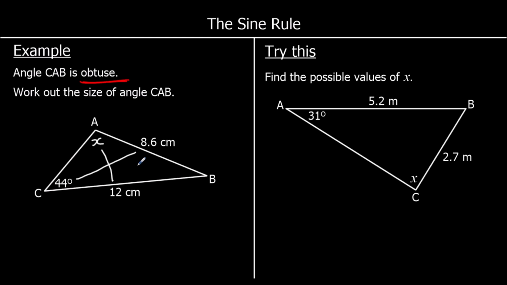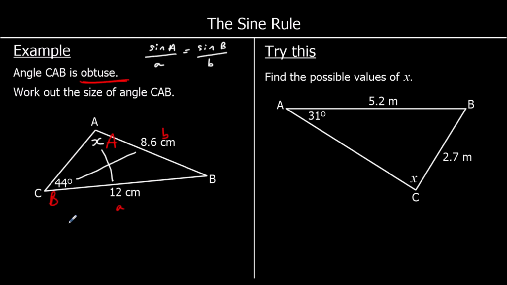So we're working out angles. We can use the sine rule for angles. So sine A over a equals sine B over b. Working out angles, we put the angles on top. The angles, the big letters, the capital letters, always go with the sine. So we've got sine A, which we're going to have as sine x. I'll quickly label that. So big A, little a, big B, little b.